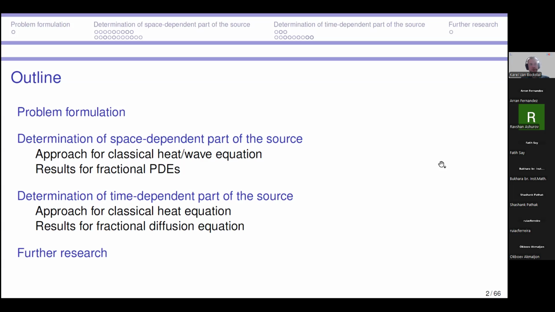And the second part of the presentation is devoted to the reconstruction of the time-dependent part of the source, where I will also briefly explain, next to the uniqueness of the solution, how we obtained existence of a solution.